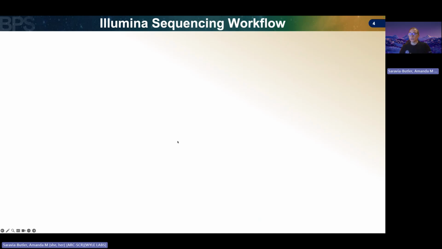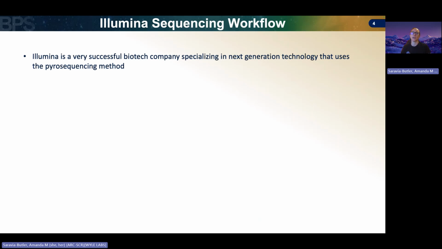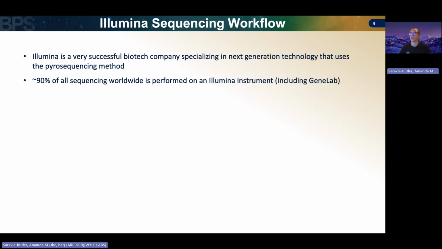So in the Illumina sequencing workflow, that is the workflow that we're going to go over here, I'm going to walk you through how we prepare samples for sequencing. The reason I'm talking about Illumina is because Illumina is a very successful biotech company that specializes in next generation sequencing technology that ultimately utilizes this pyrosequencing method.